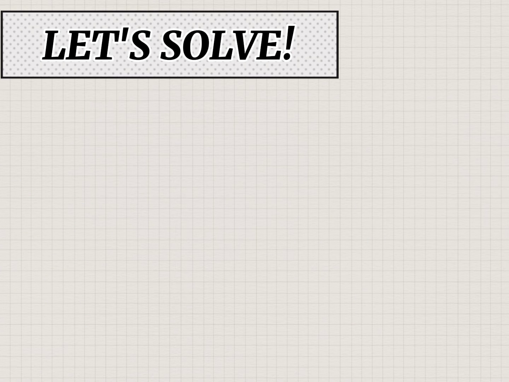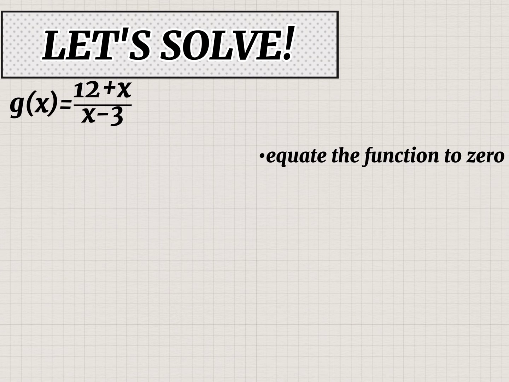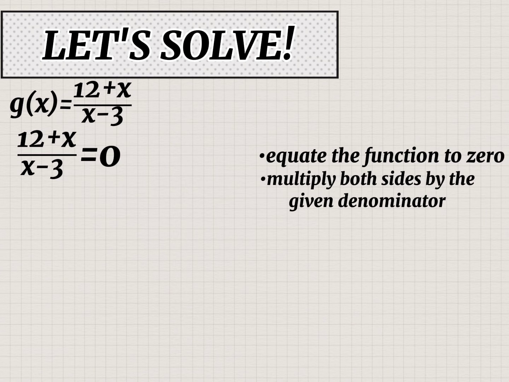Another example. g of x equals (12 plus x) over (x minus 3). So, we will be doing again the first step. Equate the function to 0. (12 plus x) over (x minus 3) equals 0. Then, multiply both sides by the given denominator.